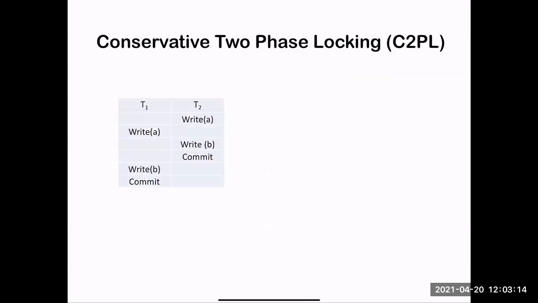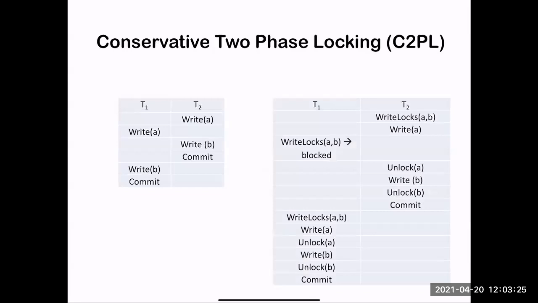Then we talked about variations of basic two-phase locking, in particular conservative two-phase locking. For this schedule on the left, for instance, we could come up with this schedule on the right that corresponds to conservative two-phase locking. The main idea is that you need to acquire all locks that you're going to use before you start the first operation.